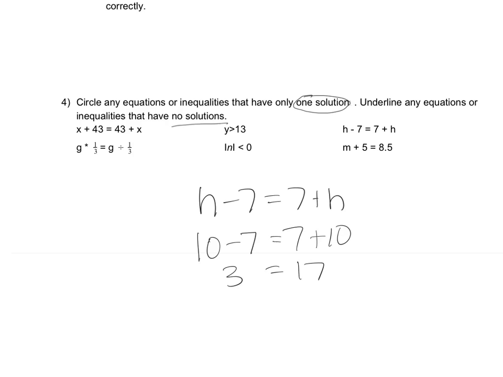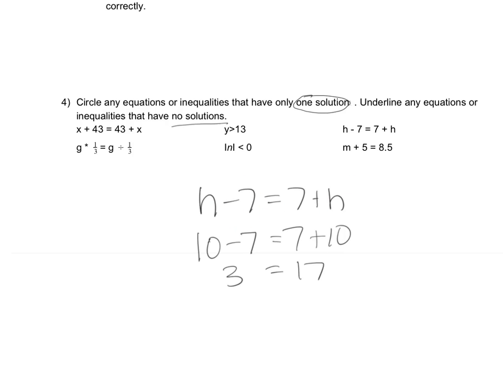Let me think about what this problem is telling me. It's telling me if I subtract 7 from a number, that's the same as adding 7. Are adding and subtracting the same thing? No, that doesn't make sense.